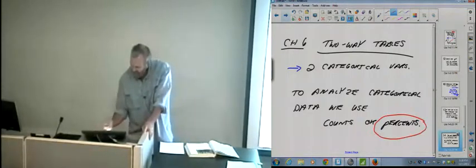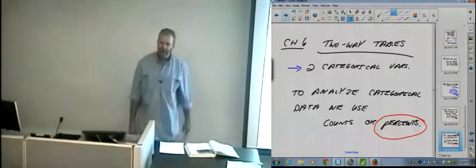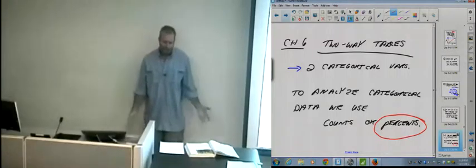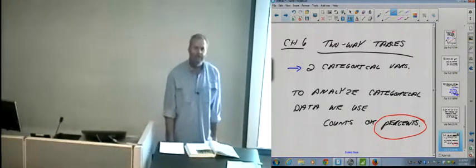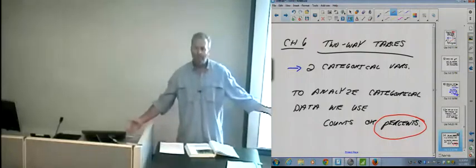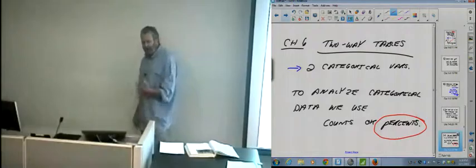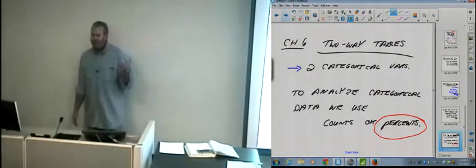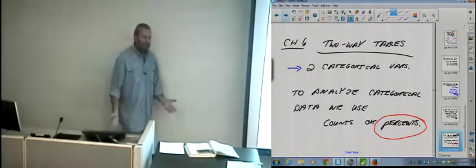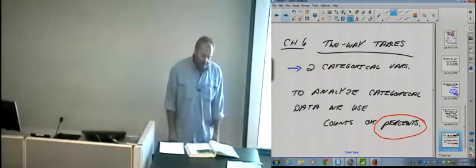Now, you're going to see me every time I do something here, I always like the percents. And I'm going to be honest with you, the percents are more informative than some count, right? So you're going to see me always want to calculate percents. You're going to see me when I make bar graphs, the heights of the bars are always percents. I like the percents way better. They just work better here.